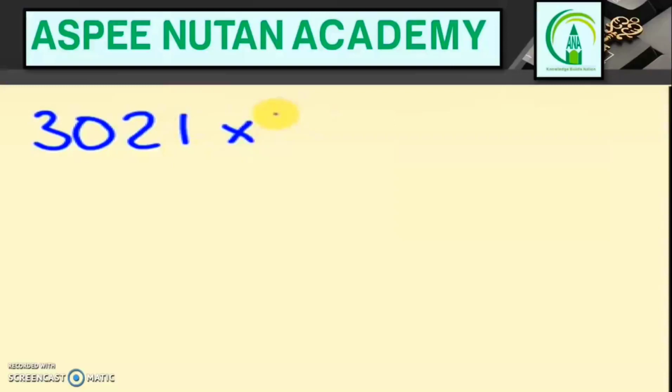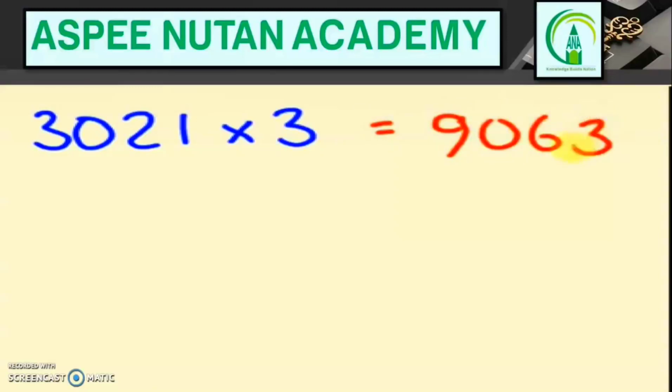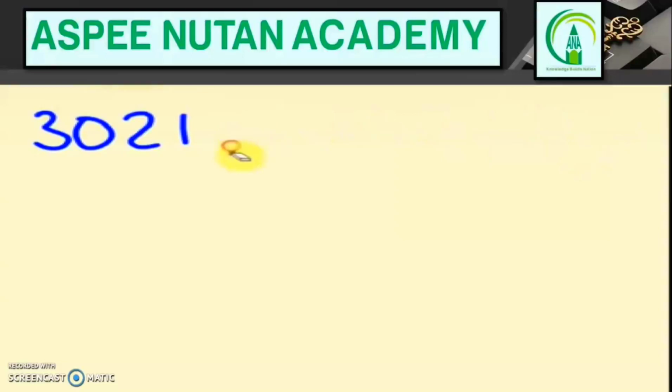So if we multiply 3021 with 3, the product will be 9063. So we take the multiplicand 3021 and multiply it with the multiplier 3.